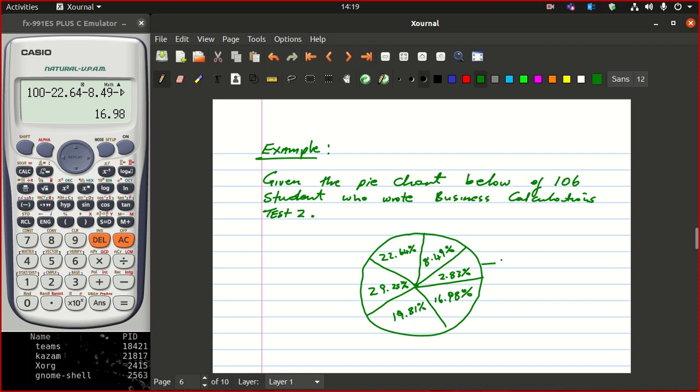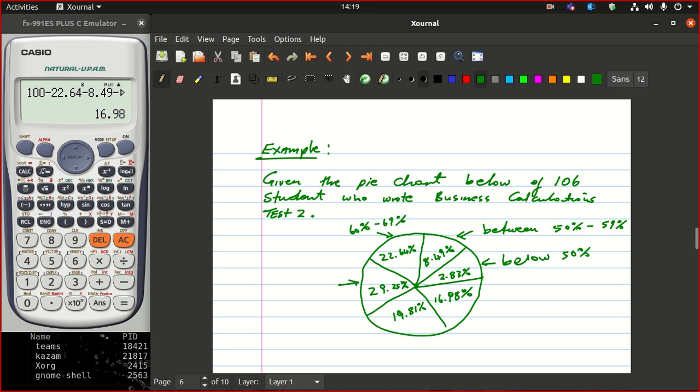So these students got below 50%. These ones here got between 50% to 59%. And then this portion here are the students who got 60% to 69%.